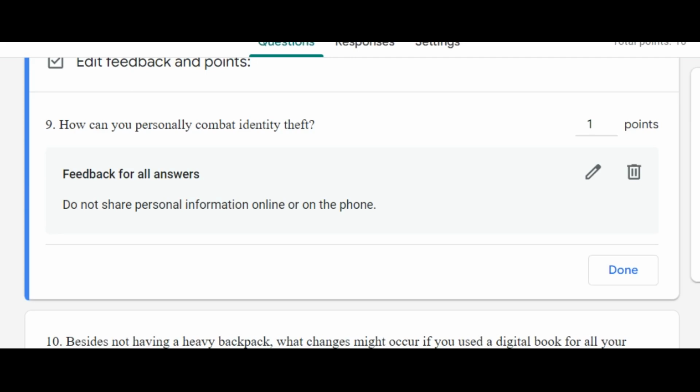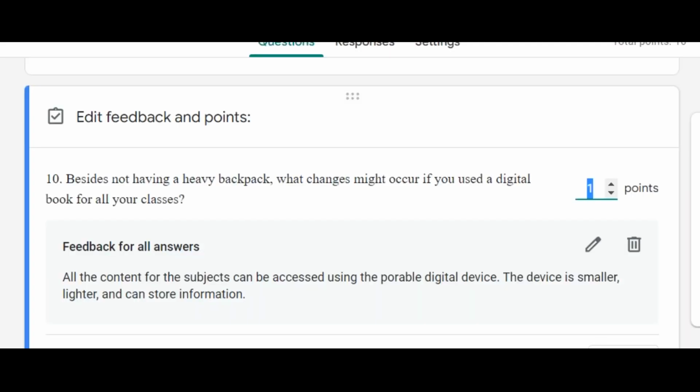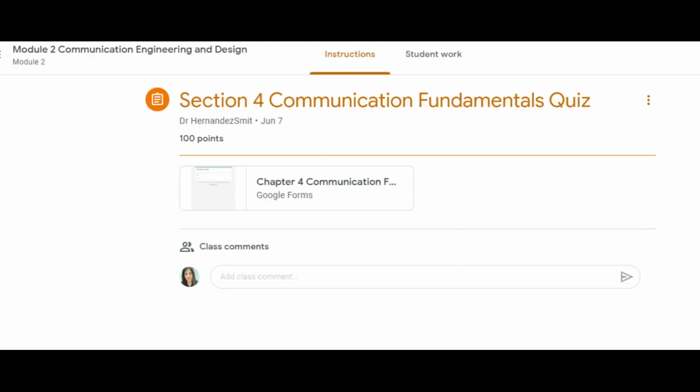Do not share personal information online or on the phone. Number 10, besides not having a heavy backpack, what changes might occur if you used a digital book for all your classes? All the content for the subjects can be accessed using the portable digital device. The device is smaller, lighter, and can store information.